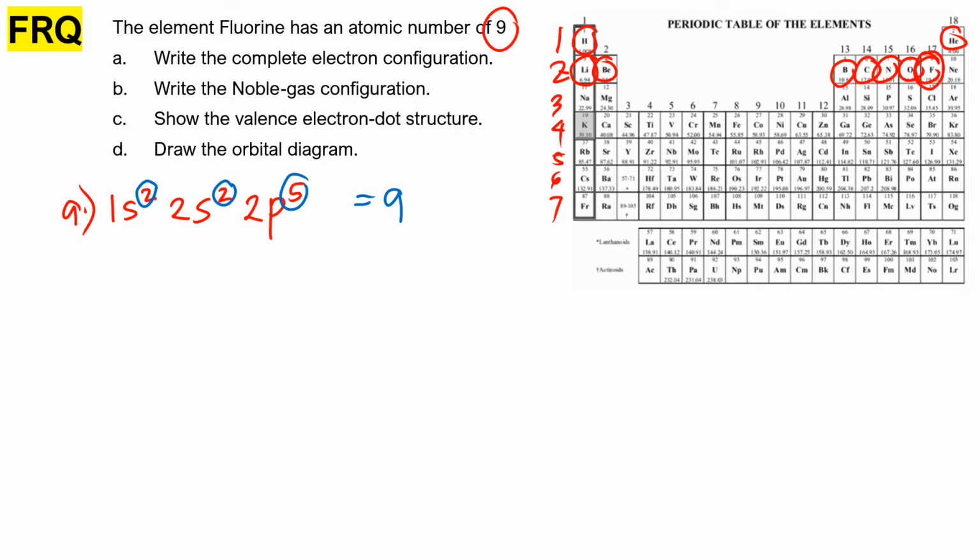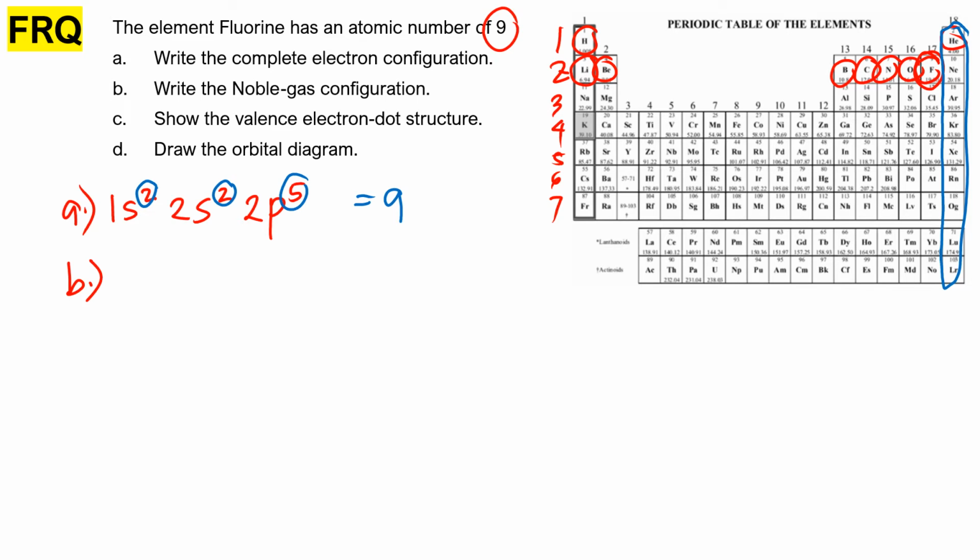Now let's go to letter B. Letter B says, write the noble gas configuration of fluorine. As we learned from our previous lesson, the noble gas elements are found in this part, in group number 8. So we will be using that.